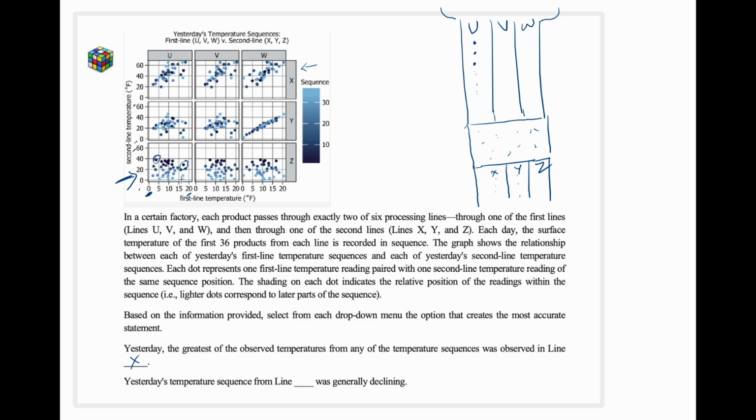And then here we have the lighter dots, that is the products that appear later in the sequence, and they are at lower temperatures, which means that the first few products were at high temperature in Z sequence, and as the products moved through, then the later products were becoming cooler and cooler. So then we can say that generally the temperature was declining in line Z. So here the answer is going to be Z.